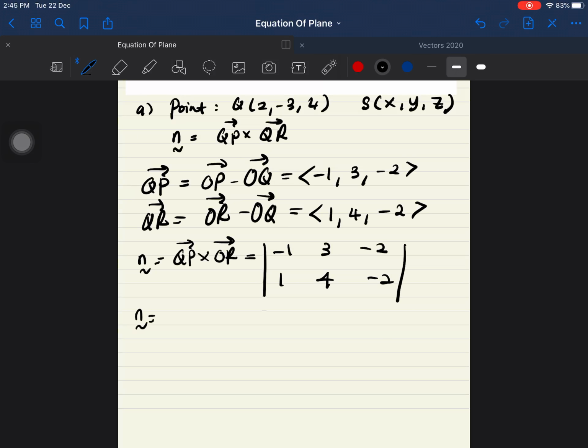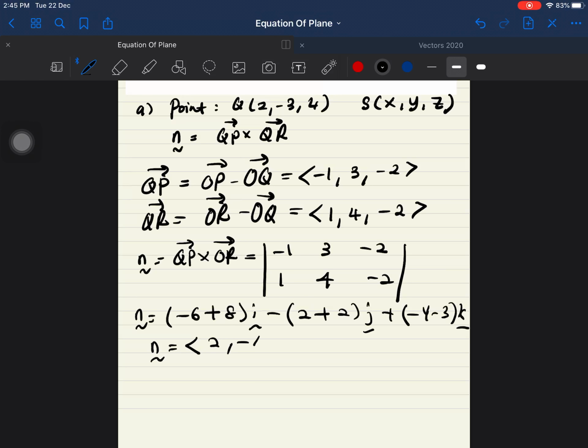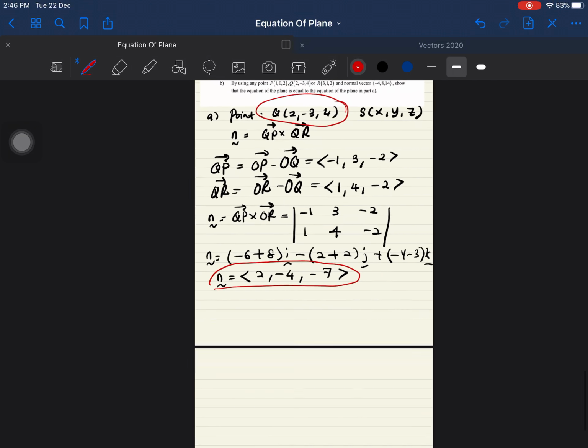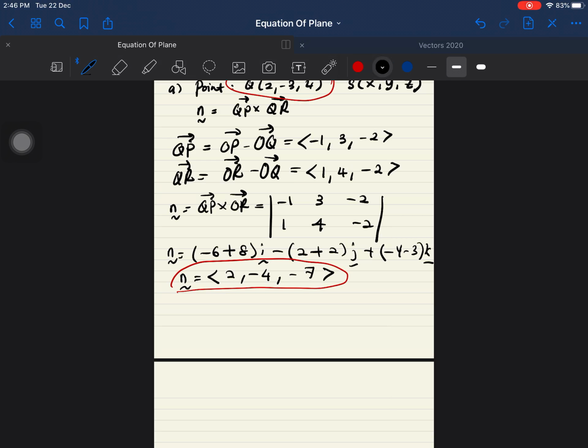So therefore you will have your n is equals to -6 plus 8i minus 2 plus 2j plus -4 minus 3k. So therefore your n is equals to 2, -4, -7.